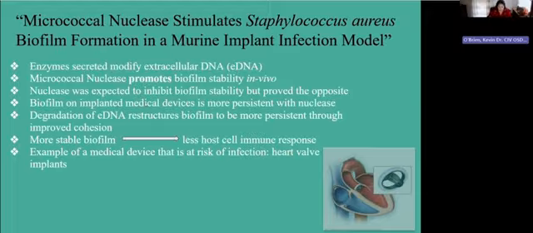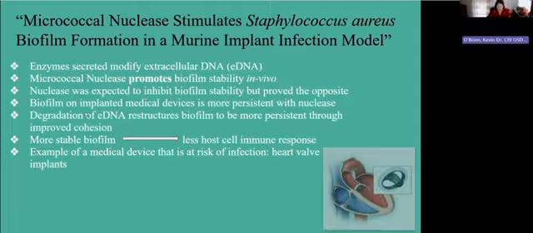Biofilm on implanted medical devices is more persistent with nuclease. However, or because nuclease is constantly adapting to new environments and taking away some of the stability of the biofilm, adding some back in order to increase its stability. The degradation of extracellular DNA restructures biofilm to be more persistent through improved cohesion. And more stable biofilm leads to less host cell immune response.